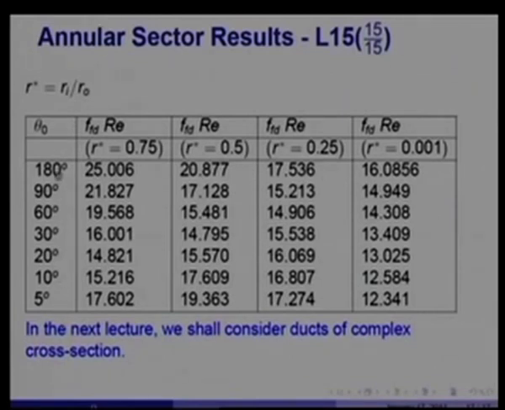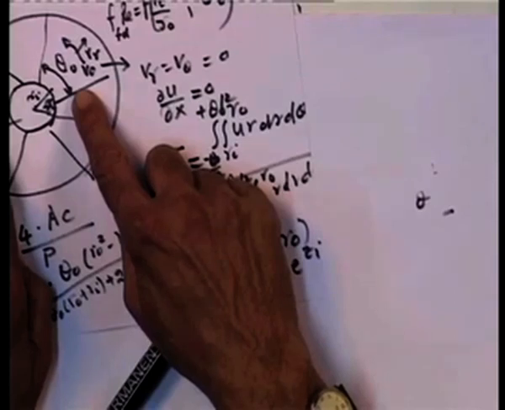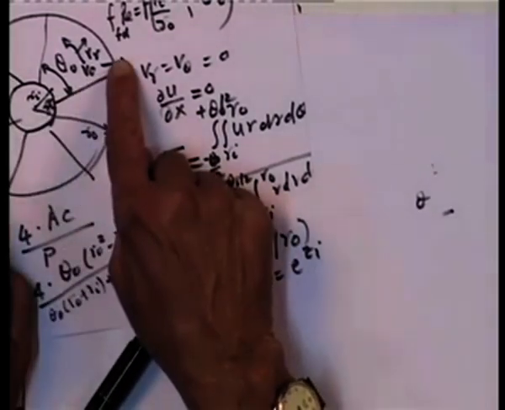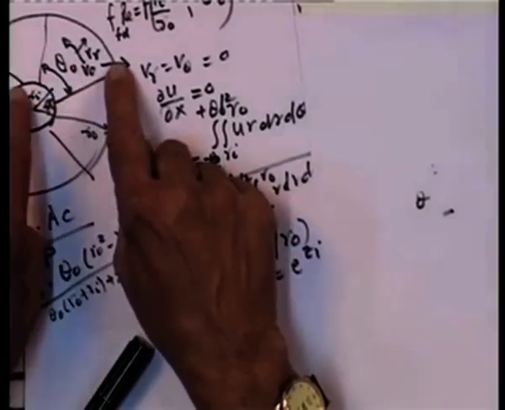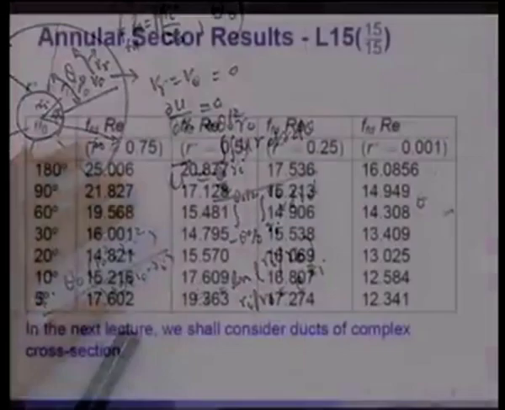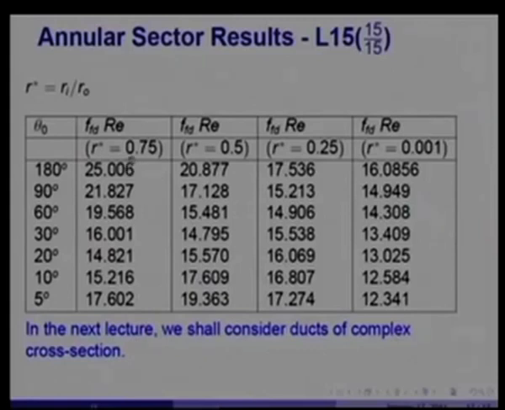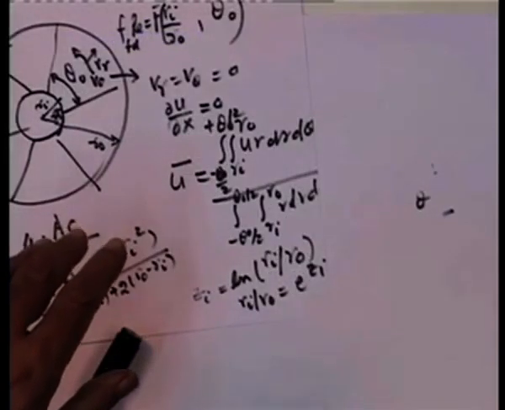Theta naught equal to 180 degrees will give you a semicircular duct. As you can see here, if theta naught was 180 degrees, that would give you a semicircular duct, and then 90 degrees would give you that kind of a duct, and so on and so forth, coming down to a very narrow angle of 5 degrees. And you can see the friction factor at 0.75, for example, is 25 for a semicircular duct going down to 17.6.